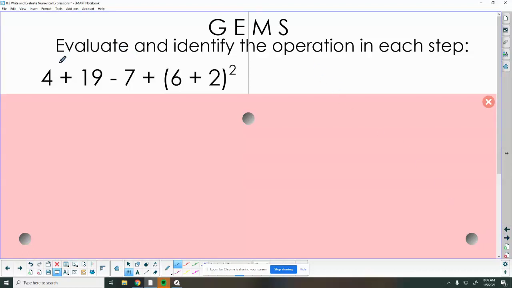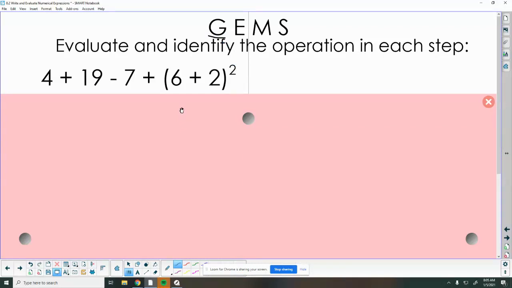So again, we want to write down our problem and follow our order of operations steps. So we have 4 plus 19 minus 7 plus parentheses 6 plus 2 close parentheses squared. So the first thing we're looking for is our groups.